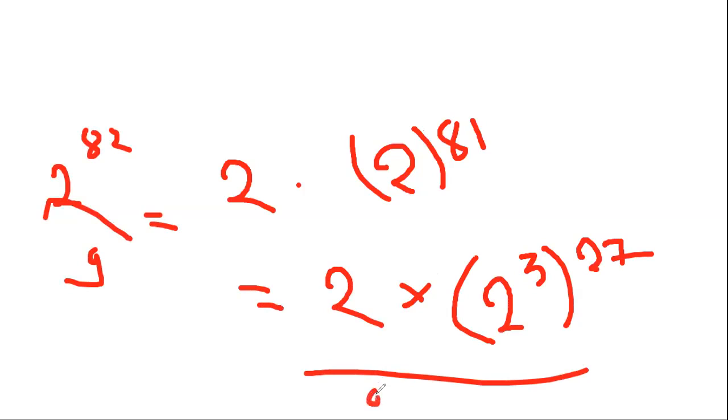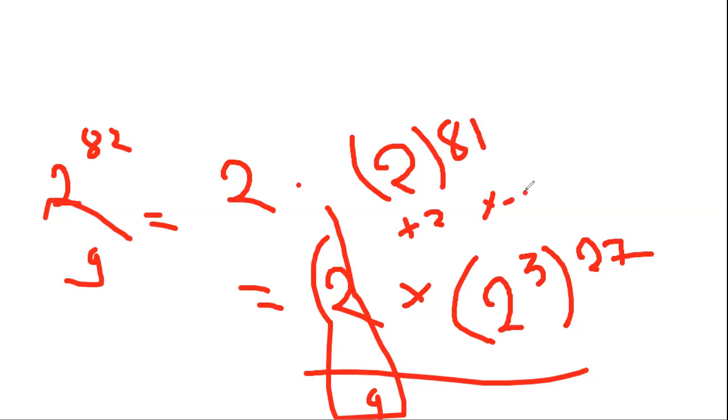I hope this is clear, right? So this will give you plus 2 as a remainder. And this is 8, minus 1 to the power odd, which gives you minus 1 as a remainder. So it is nothing but minus 2. But since you cannot take a negative remainder, 9 minus 2, so 7 is the answer.